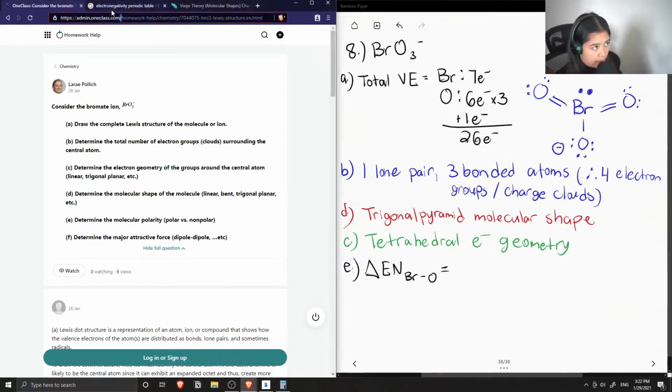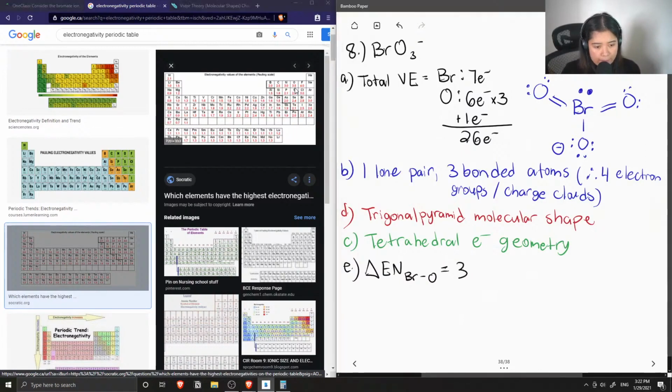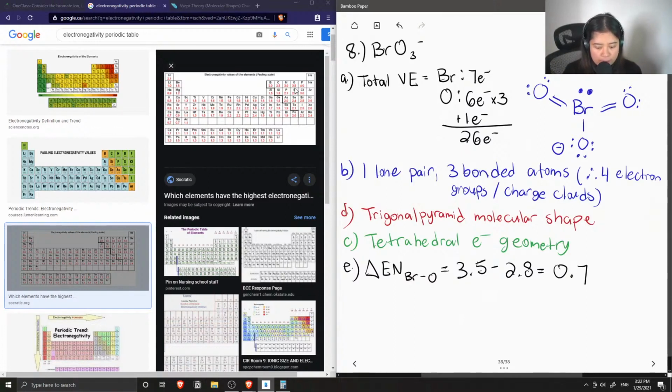So let's look up their values. Oxygen has an electronegativity value of 3.5, and bromine has an electronegativity value of 2.8. So the difference between the two is 0.7. So therefore we have a polar bond.